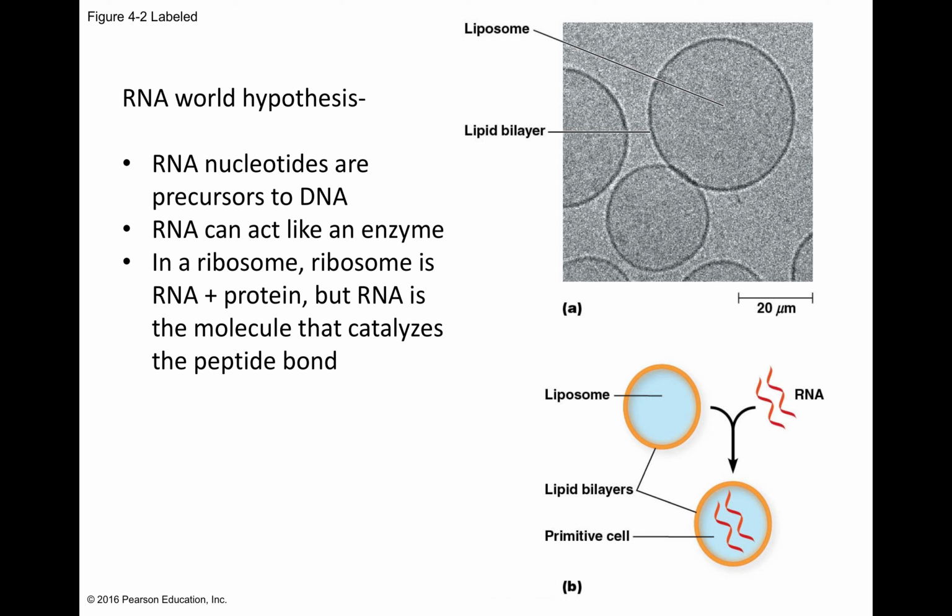So it's the RNA that is putting proteins together, and because RNA can do double duty to carry the nucleic acid information from one generation to the next and catalyze reactions, it's thought that it's a good candidate for one of the original molecules in the original cells.